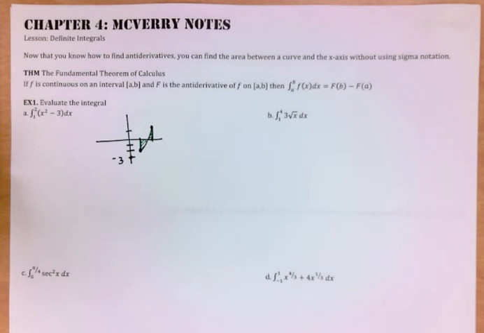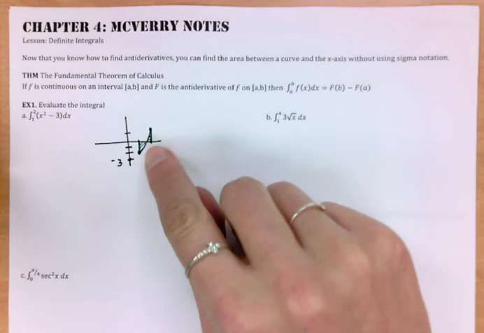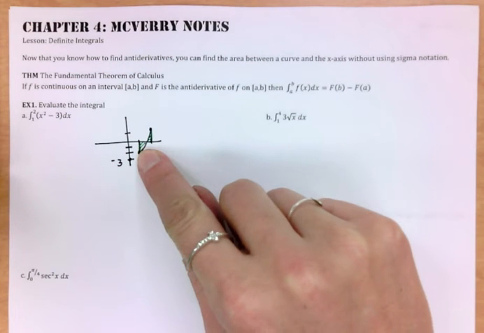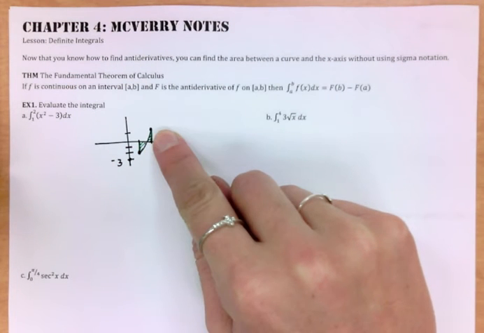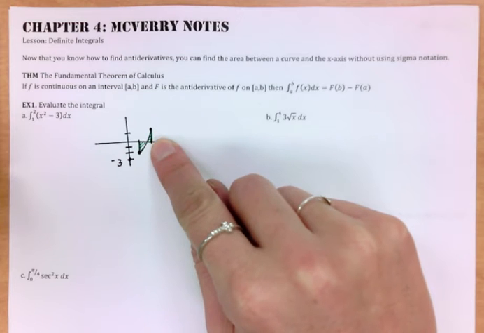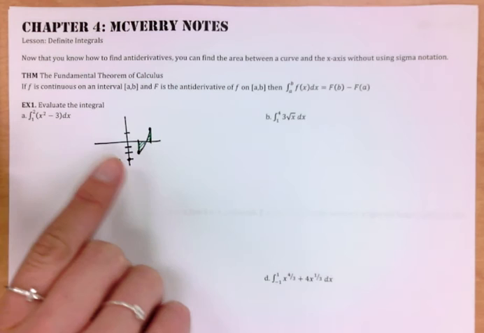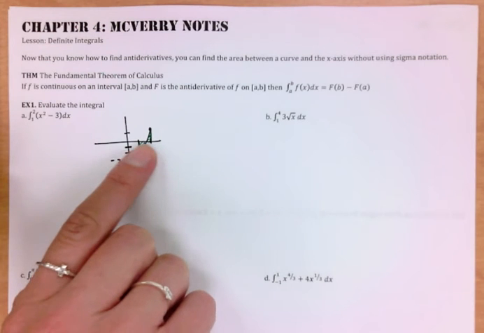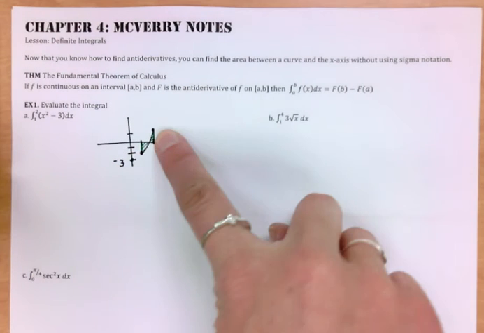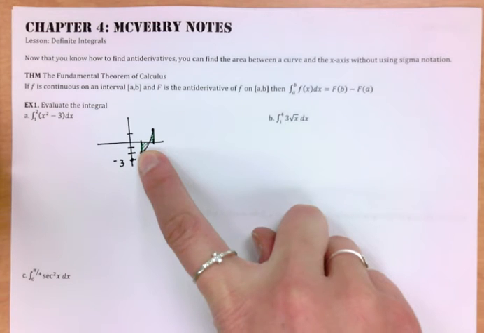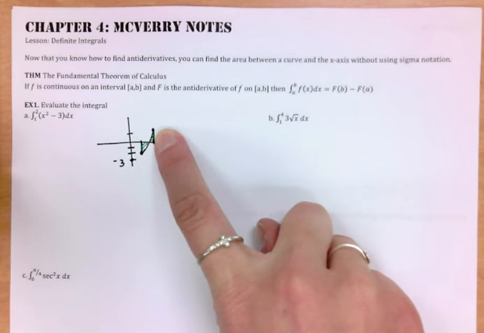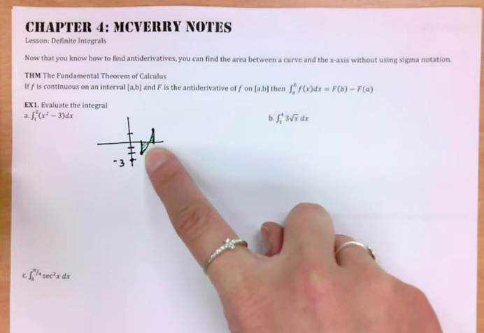And then looking at your graph, I have more area below the x-axis than I do above the x-axis. So already, just from that, I know that my answer to this integral will be a negative number, because this is going to be a negative number, that's going to be a positive number, and I can see that this negative is larger than this positive area, so I know my answer is going to be negative.